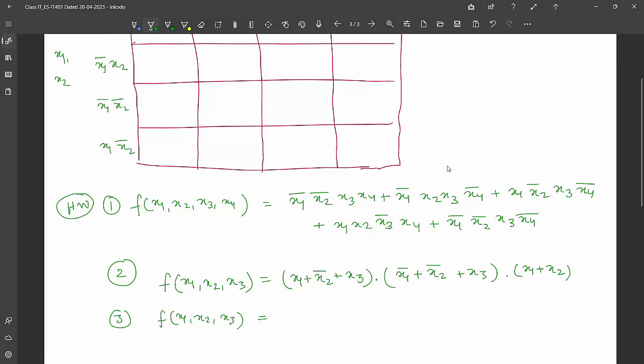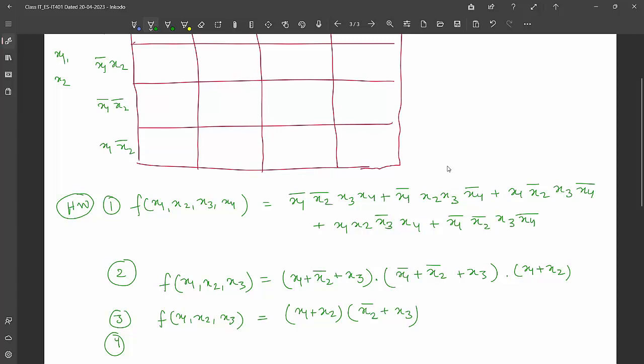Basically this type of form is most popular for the exams, because you first have to convert CNF to DNF, and after that you have to make the Karnaugh maps. So x1 plus x2, dot x2 bar plus x3.